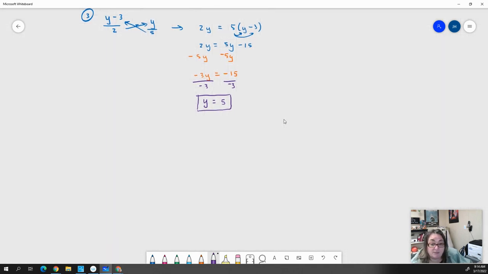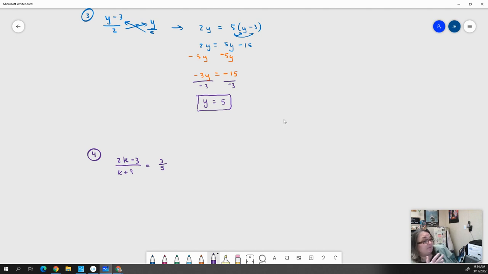This one, sometimes we're going to have to deal with binomials. This would be a binomial, 2k minus 3, over another binomial, k plus 9, equal to 3 over 5.